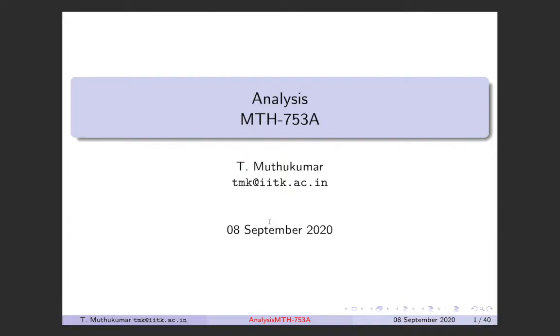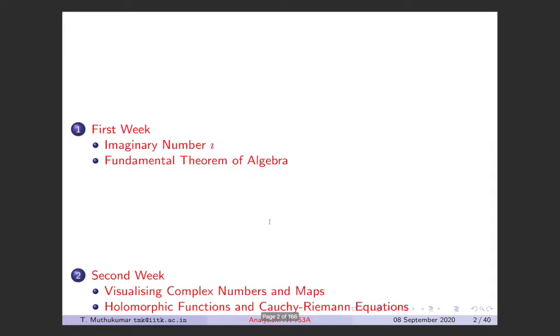Welcome back to the fourth lecture of this course. In the previous lecture we had talked about complex numbers and complex maps.